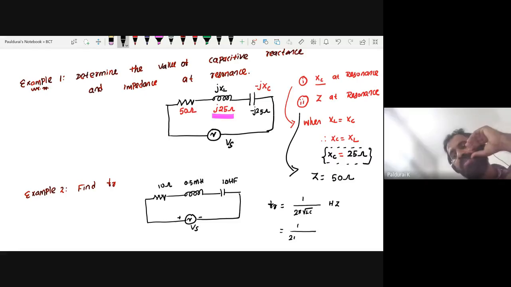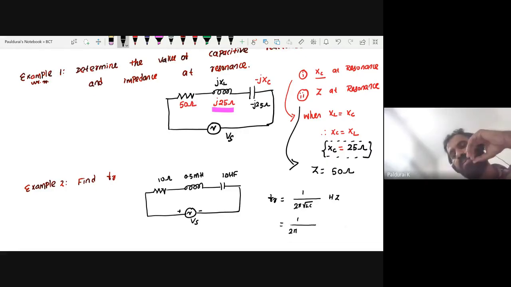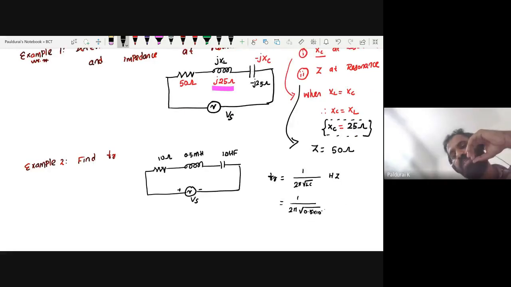Where L equals 0.5 milli, so 0.5 into 10 power minus 3, into C, 10 micro, 10 into 10 power minus 6. What is the value, anyone? Simple problems, 1 or 2 marks.